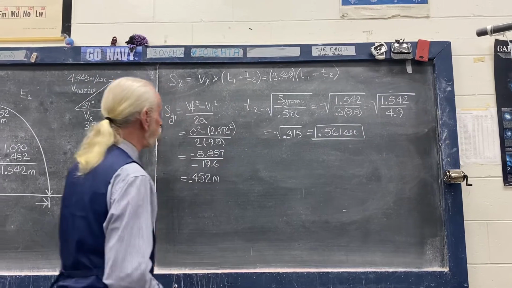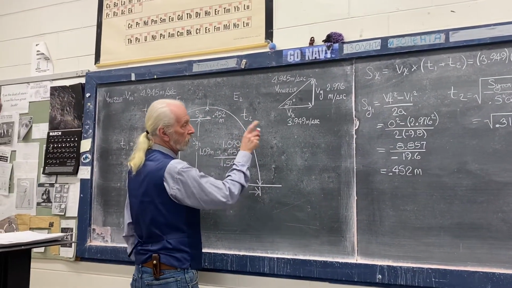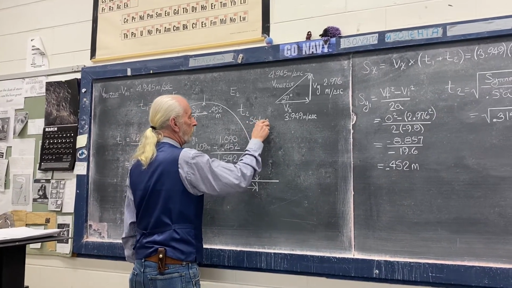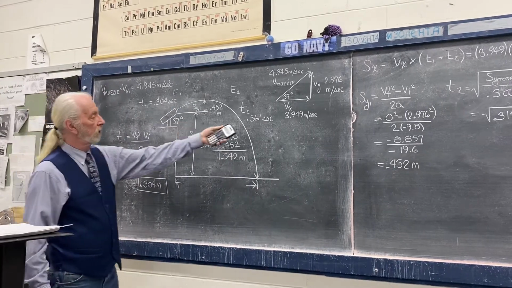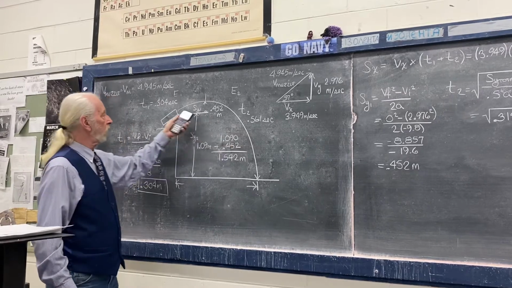Now we do a sanity check. T2 is 0.561, and we would expect it to be a little bit longer than T1, and it is. So yeah, at least it makes sense at first blush.